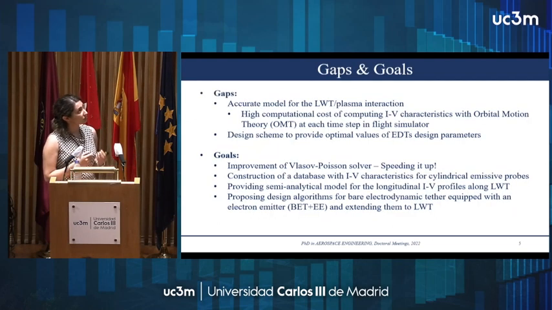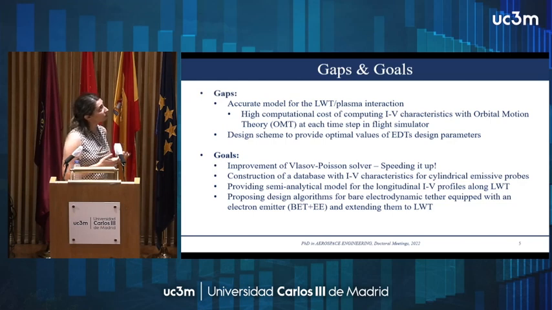So one of the most important things is that we have an accurate model for the current voltage characteristics of the low work function tethers. For cylindrical emissive probes, these IV characteristics could be computed by orbital motion theory developed in 2017, but with a very high computational cost, so it couldn't be integrated in a flight simulator.